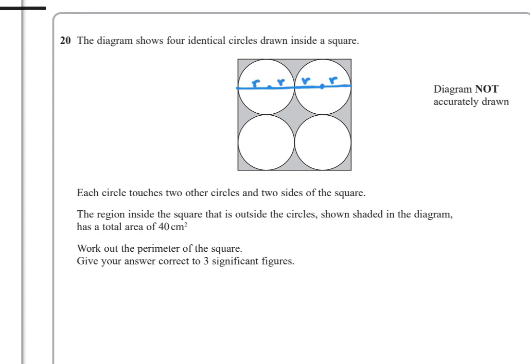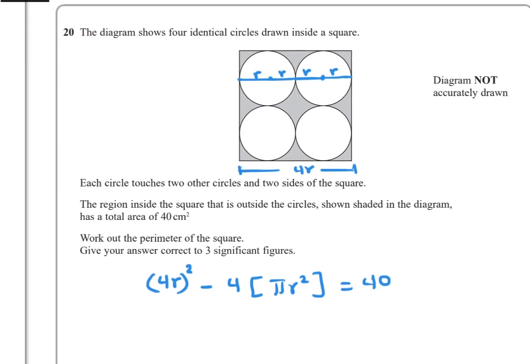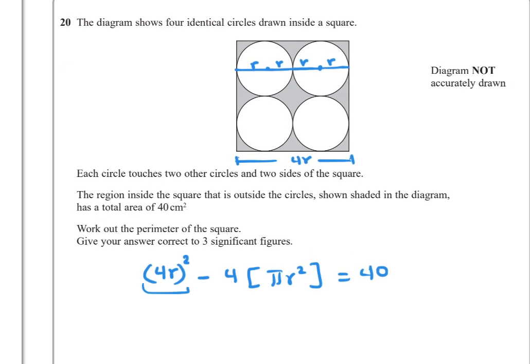So the area of the square is 4r times 4r, or 4r all squared, minus the area of the circles, area of one circle is pi r squared, so we have 4 times pi r squared, this equals 40. 4r all squared is 16r squared, minus 4 pi r squared equals 40.